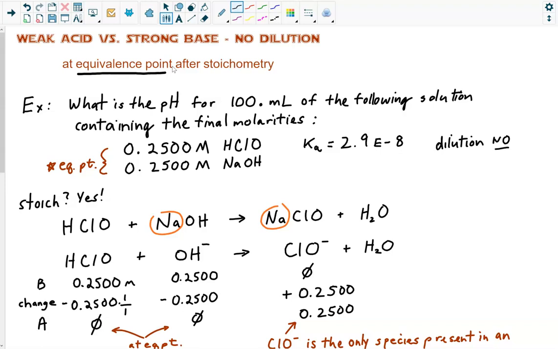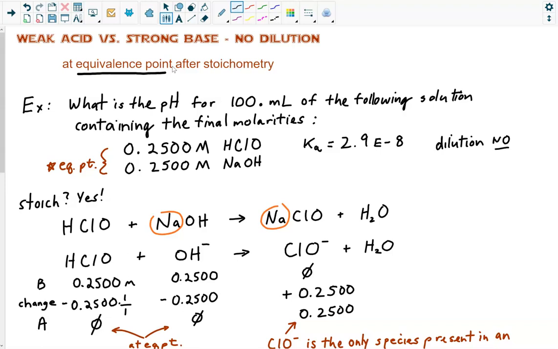So anyway, let's look at the way this question is worded. What would be the pH for 100 milliliters of the following solution containing final molarities given? You have 0.2500 molar HClO and 0.250 molar NaOH. You can kind of tell, that's what the pH would be.